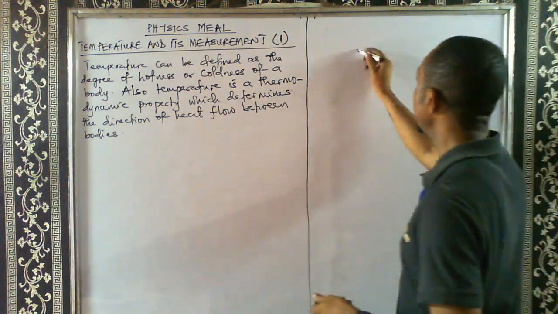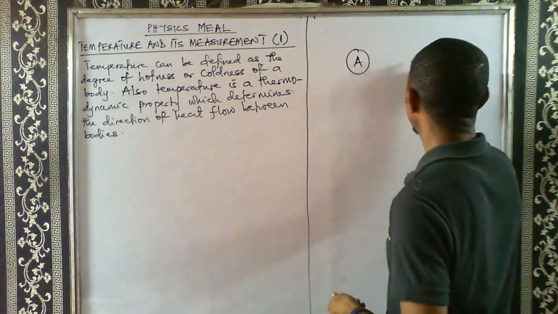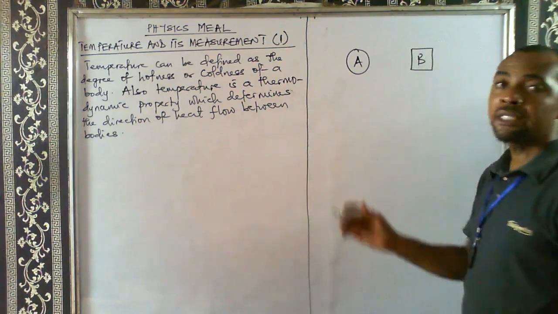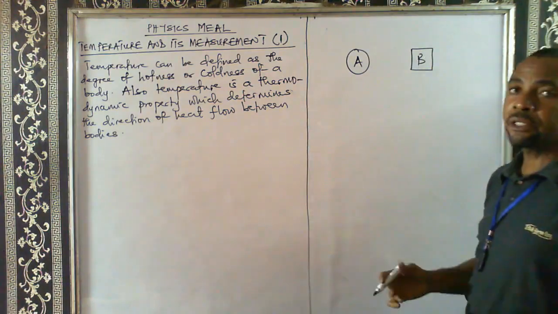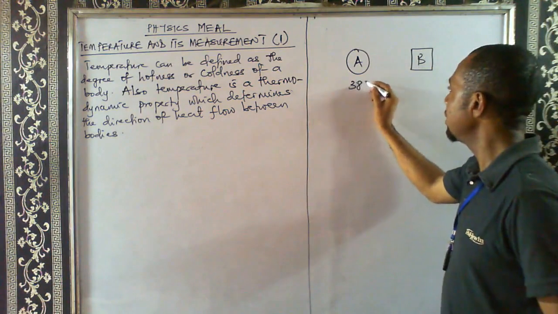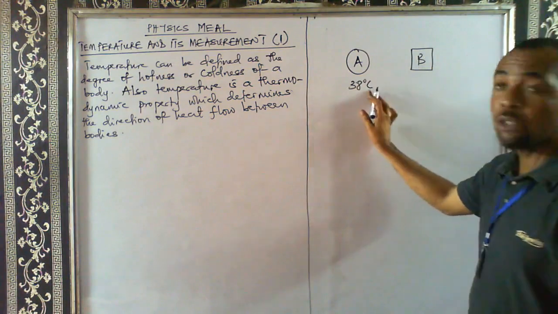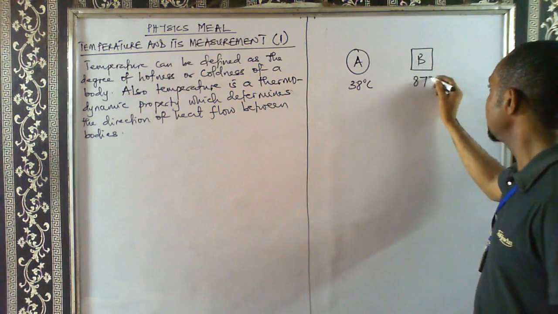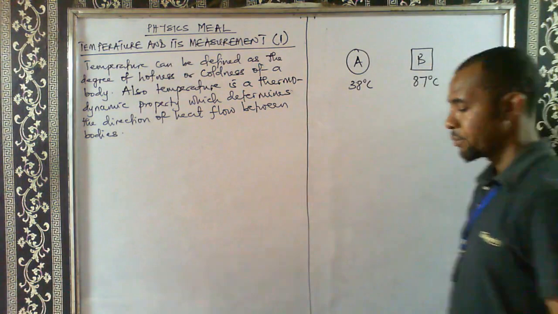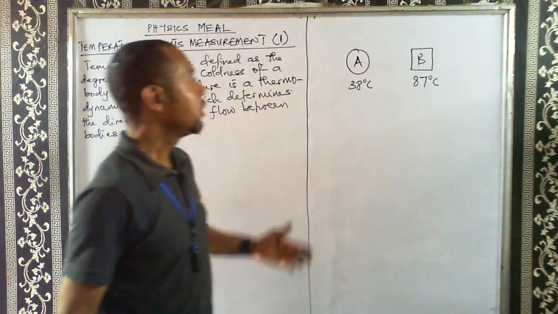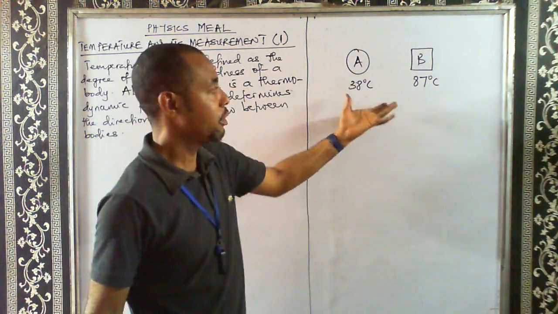Now look at this. If I have a body A and I have a body B, and these two bodies are at different temperatures. So let's say that this one is at a temperature of 38 degrees C. We'll still talk about this. And maybe this one is at a temperature of 87 degrees C. Now, we want to really talk about temperature.